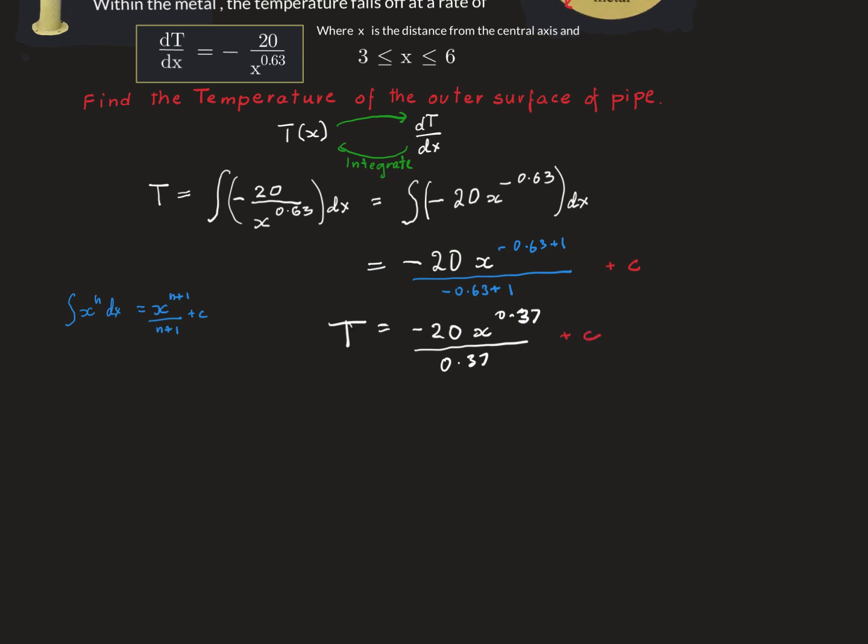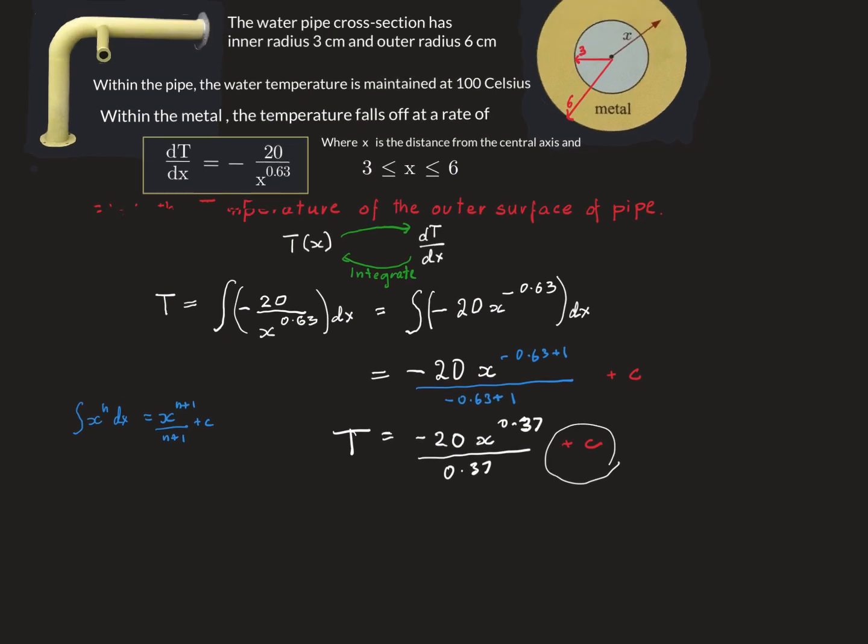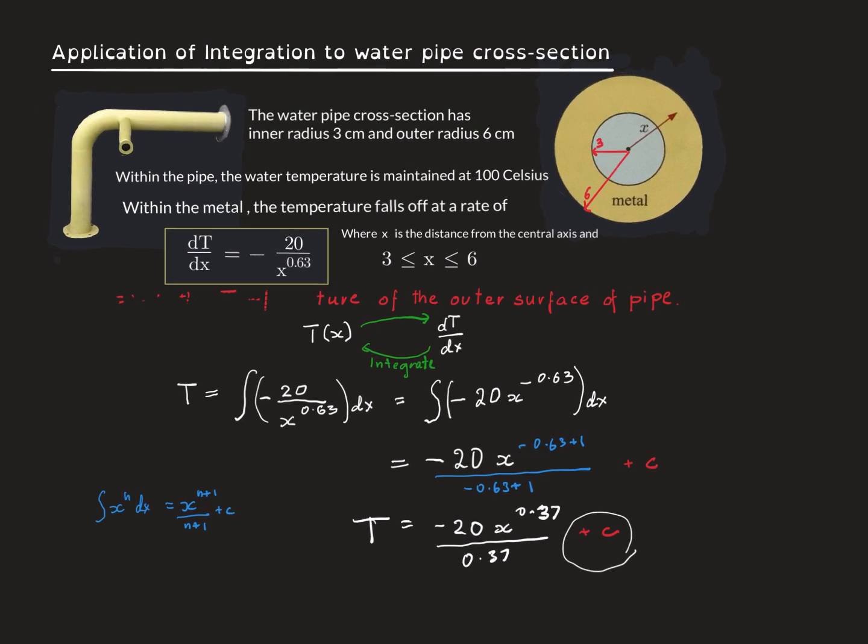So now we do have a function for the temperature, but what do we do with the plus c? We'll have a look at what other information I've got over here, and I definitely have information which says that the temperature of the water is 100 Celsius all the way up to the radius of 3.